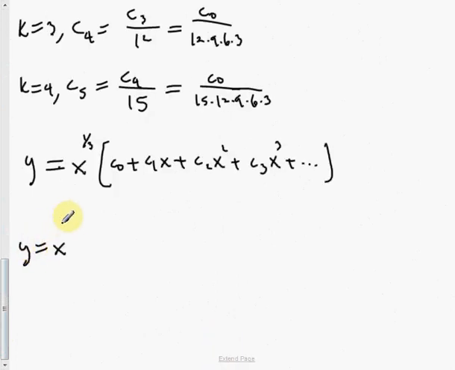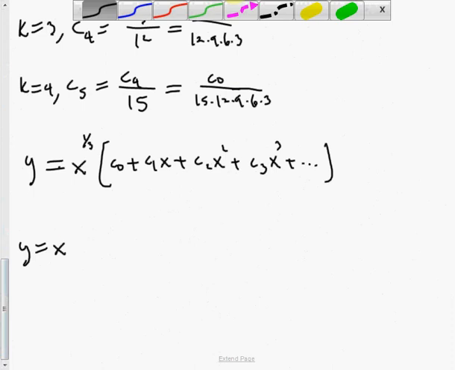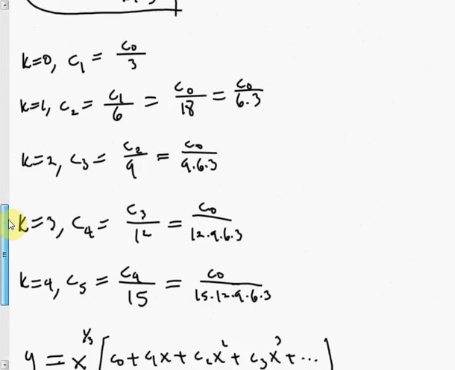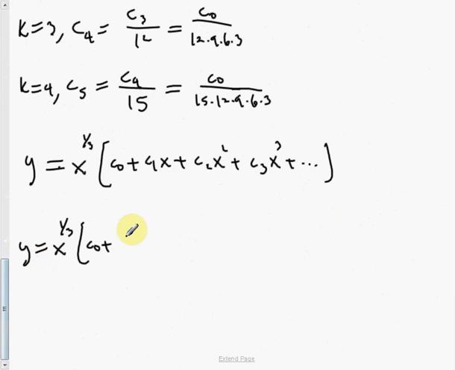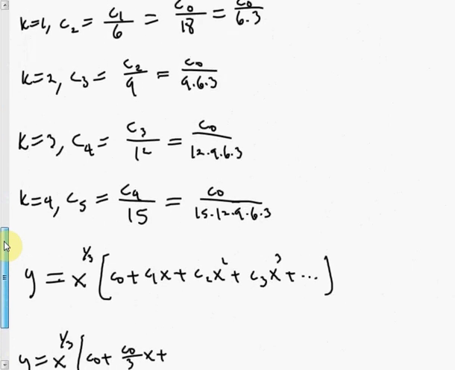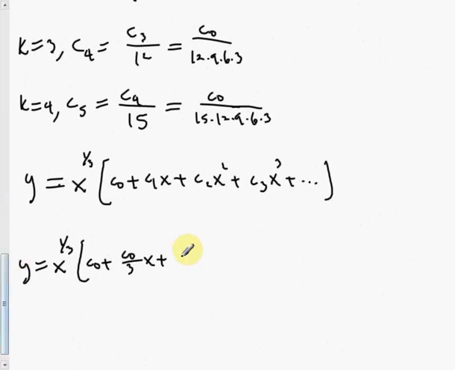So y is equal to x to the 1/3. This is C naught plus, C sub 1 was C naught over 3 times x plus C sub 2 was C naught over 6 times 3, and they all tend to have that pattern.